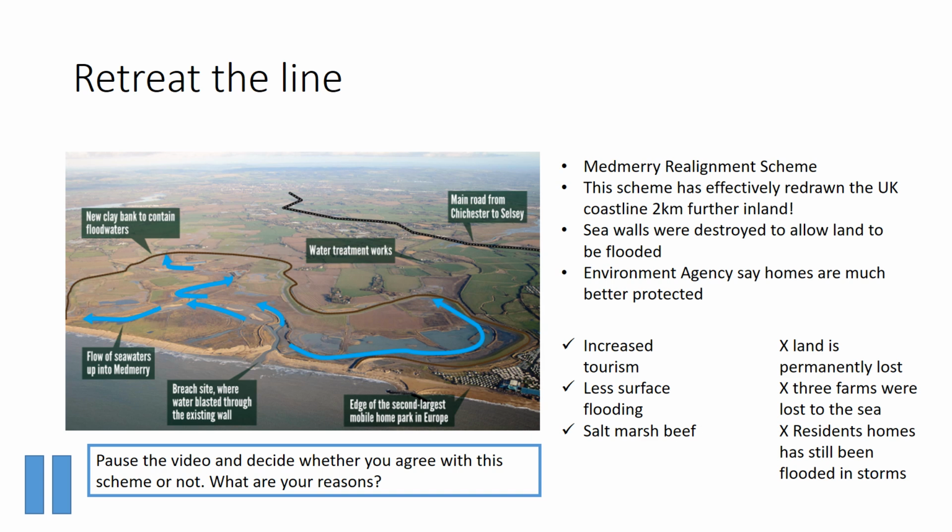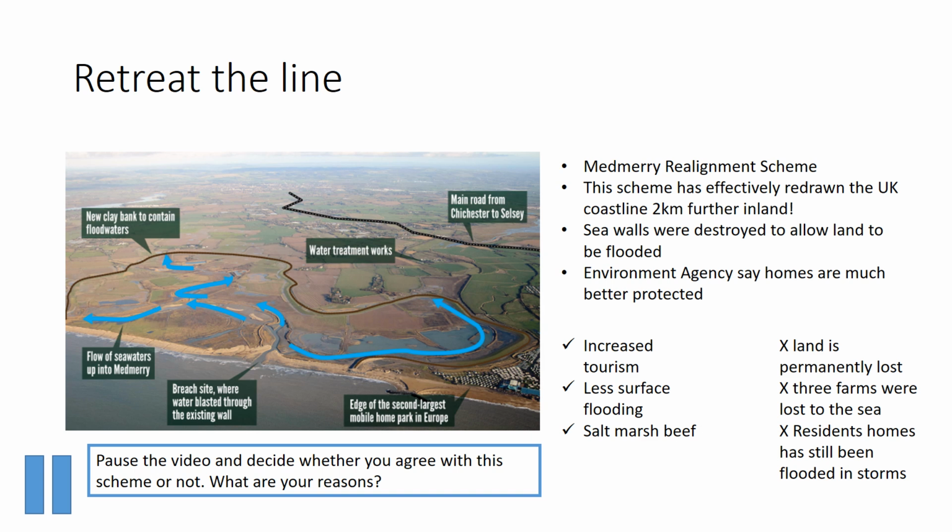And they've said that tourist numbers are up as well. And other benefits have been to the farming. So cattle will be grazed on salt marsh, and this produces a really strong flavour of salt marsh beef, and that's quite expensive to buy.